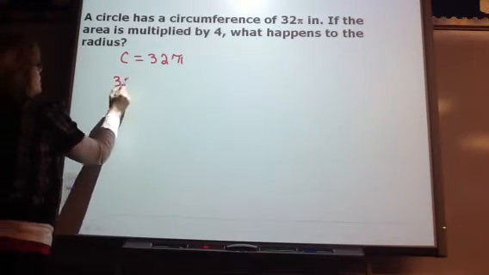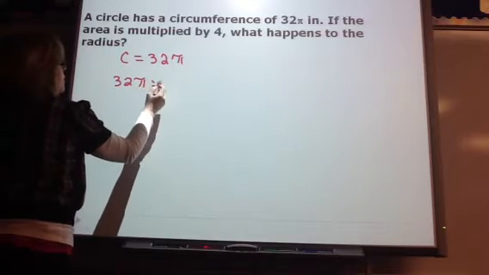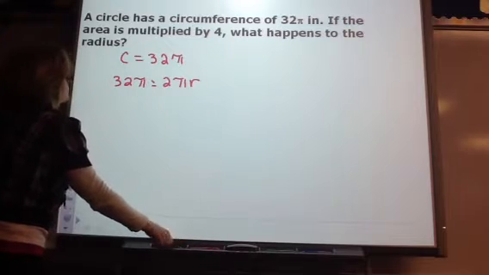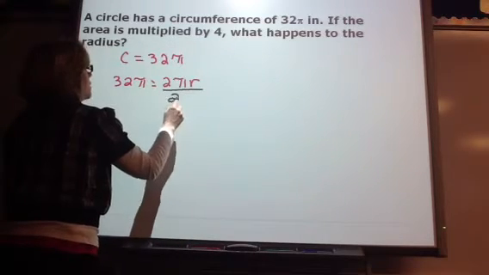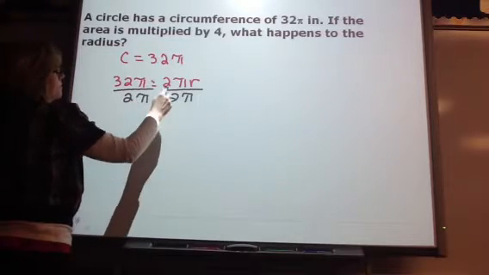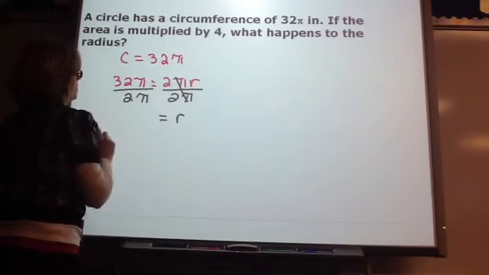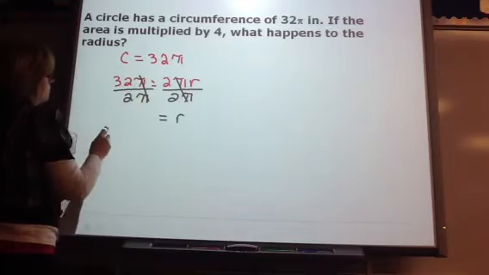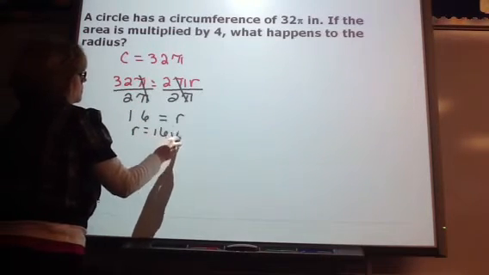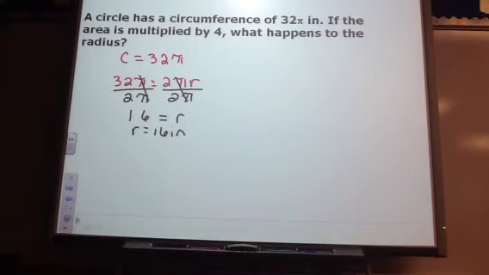If the circumference is 32 pi and circumference is 2 pi r, we can use the inverse of multiplication, which is division. And r equals 16 inches.